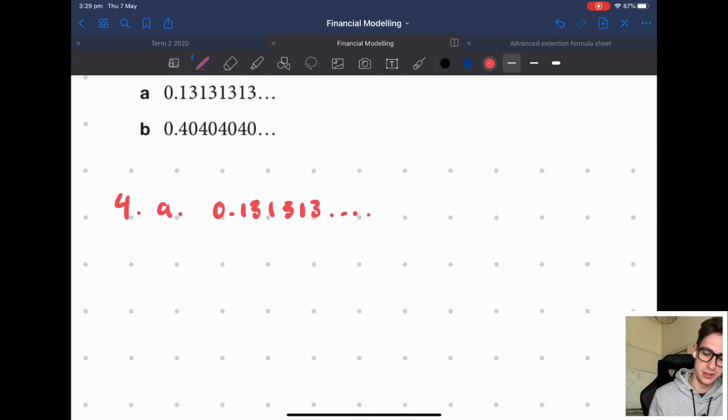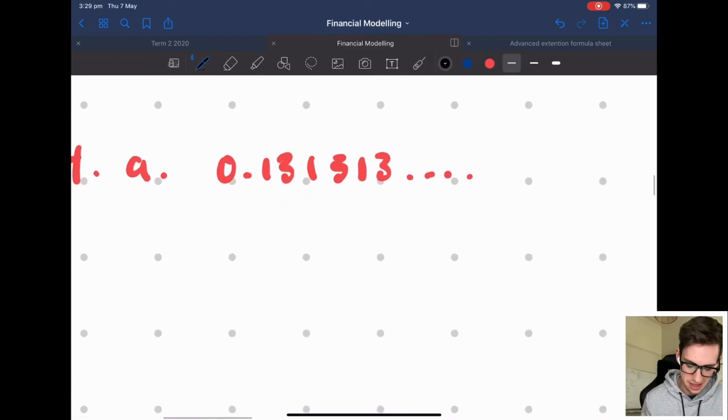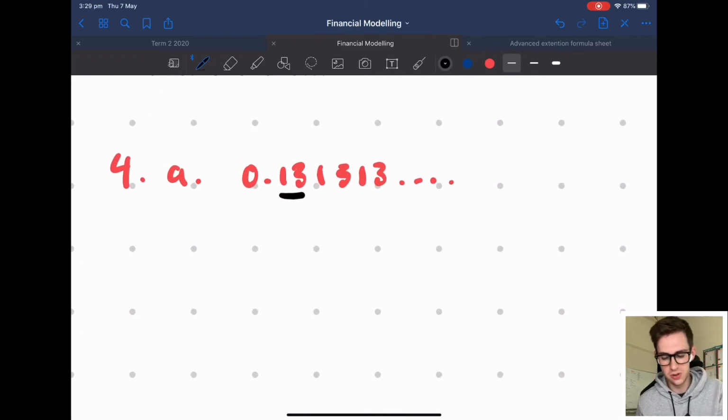What I need to do here to make sense of this is to break the 13s up into what they represent by place value. What I mean by that is take this first 13, okay? Now, that 13 is 13 hundredths. Quick recap in place value for decimals. If you have a young sibling in year 7, they'll be all over this.